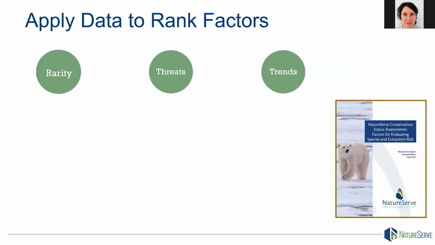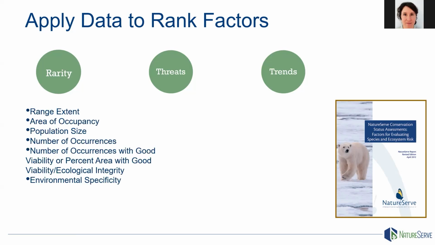Our methods help us to interpret available data according to the rank factors. There are 6 rarity factors, 2 threat factors, and 2 trend factors. The goal is to find data to support as many of these factors as possible. NatureServe's assessment uses a weight of evidence approach, so all factors scored inform the rank.